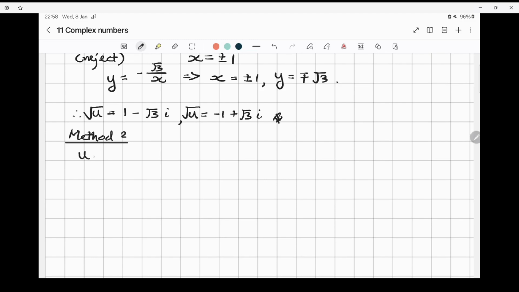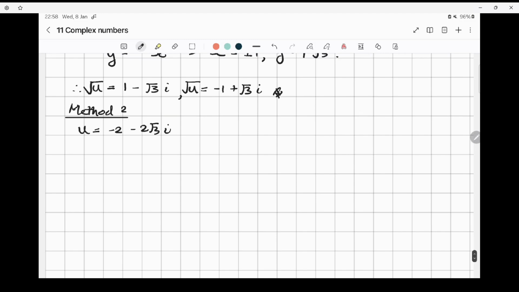So if u is equal to minus 2 root 3i, so the modulus of u would be the square root of 4 plus 12, which is 4. The argument of u would be the inverse tangent of 2 root 3 divided by 2.